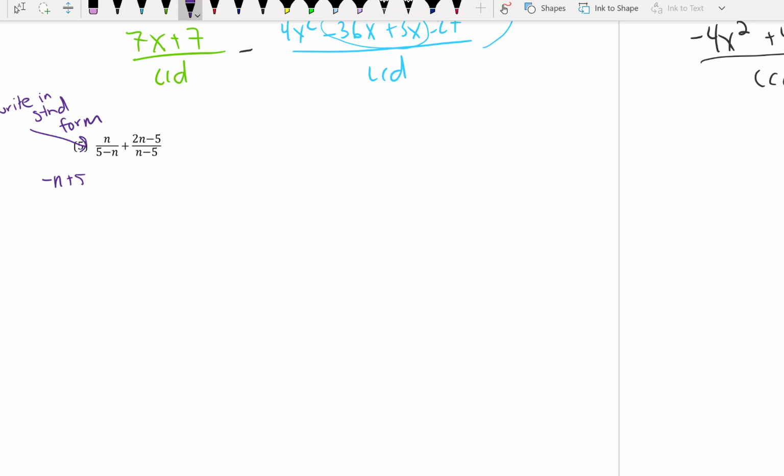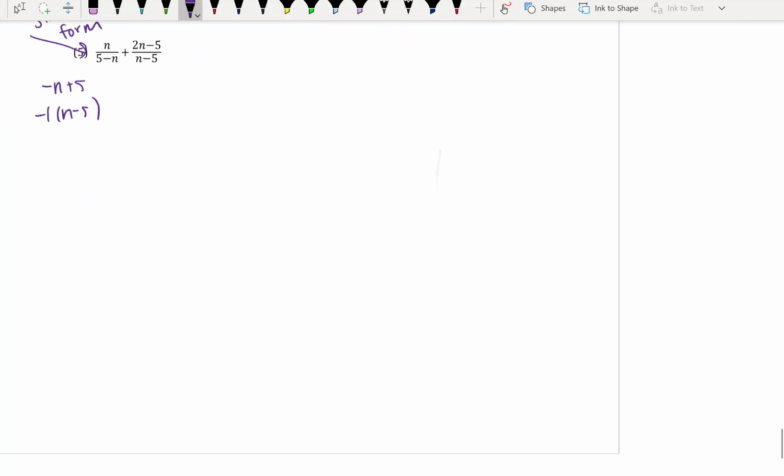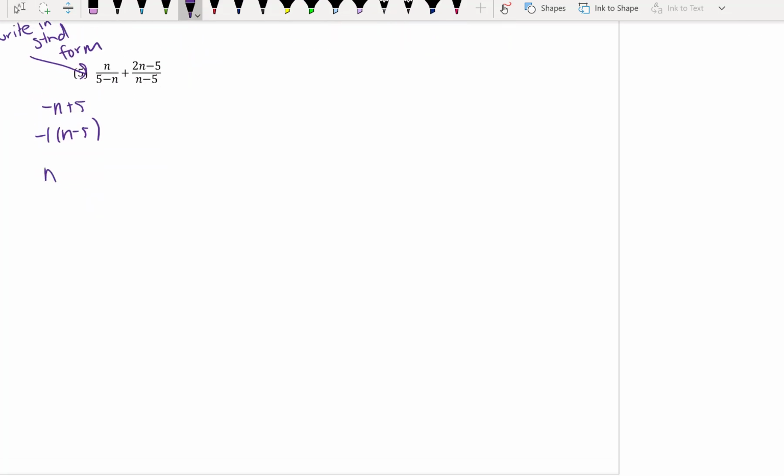And you can factor out that negative to be a negative 1 times n minus 5. So when I rewrite this as n over 5 minus n, this is really n over negative 1 times n minus 5. And that negative can be brought up to the top, so it's a negative 1n over n minus 5.